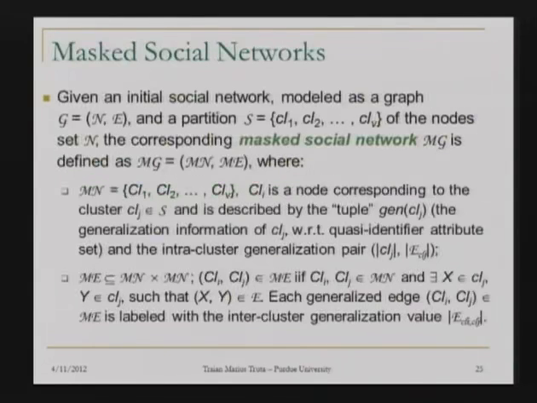So the nodes are Mn and the edges are Me, and edges also have values. As you can see, the nodes also have some labels as well: the number of nodes as well as the number of edges in a cluster.